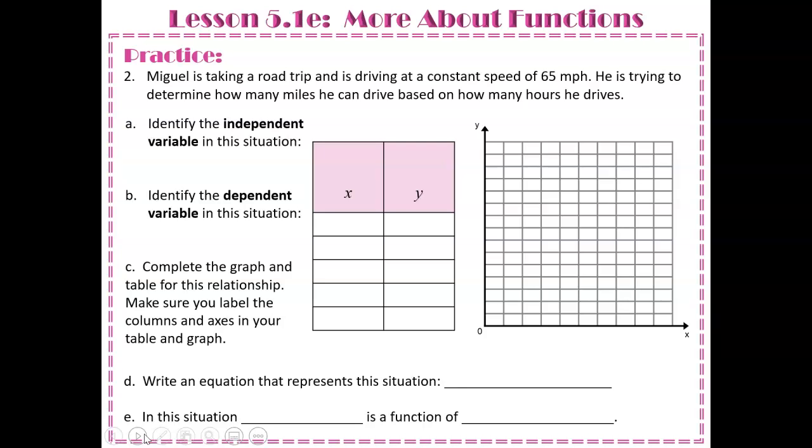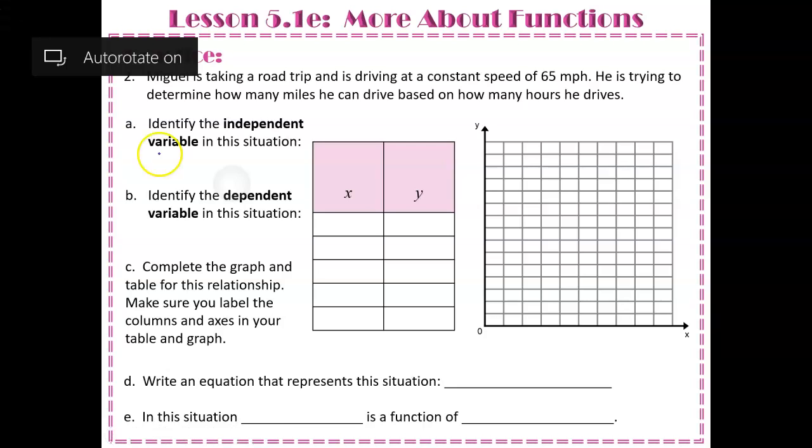All right, Miguel is taking a road trip and he's driving at a constant speed of 65 miles per hour. He's trying to determine how many miles he can drive based on how many hours he drives. So let's figure out what our independent variable is. What doesn't change because of the other one? Well, you can't change time.